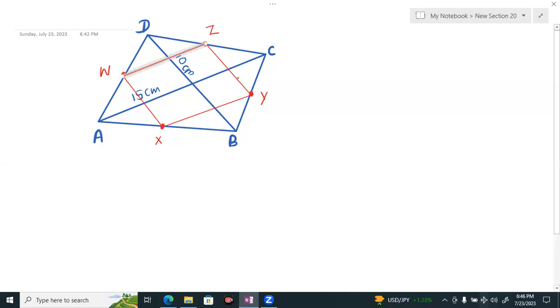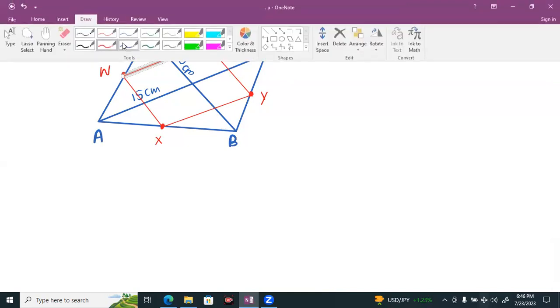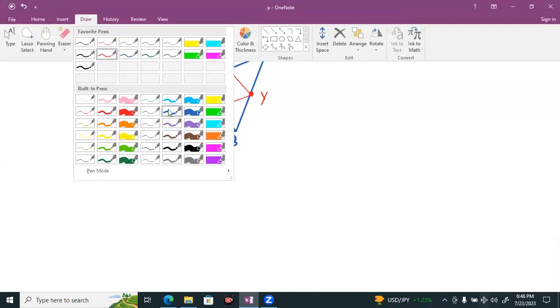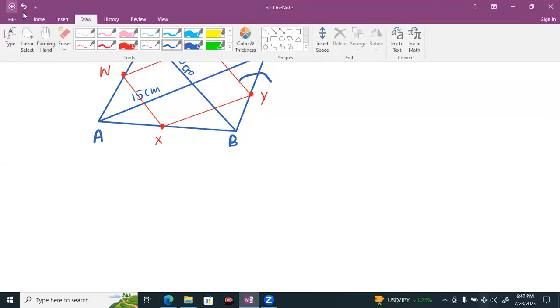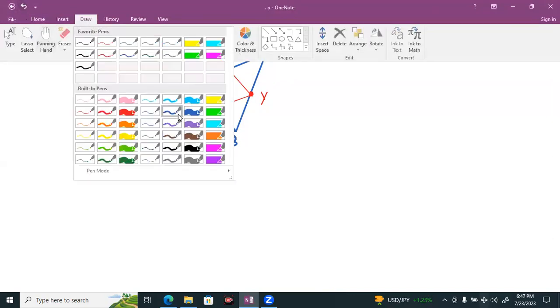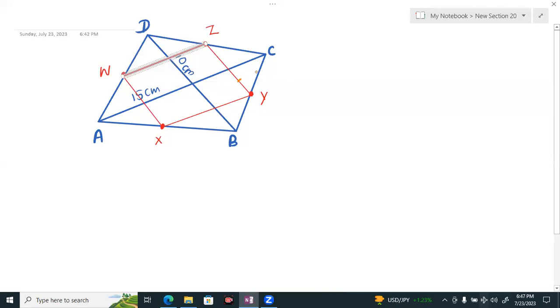Therefore we can identify that ZY is equal to, what is the value? Just tell me. ZY is equal to 5 centimeters because it is half of the third side.